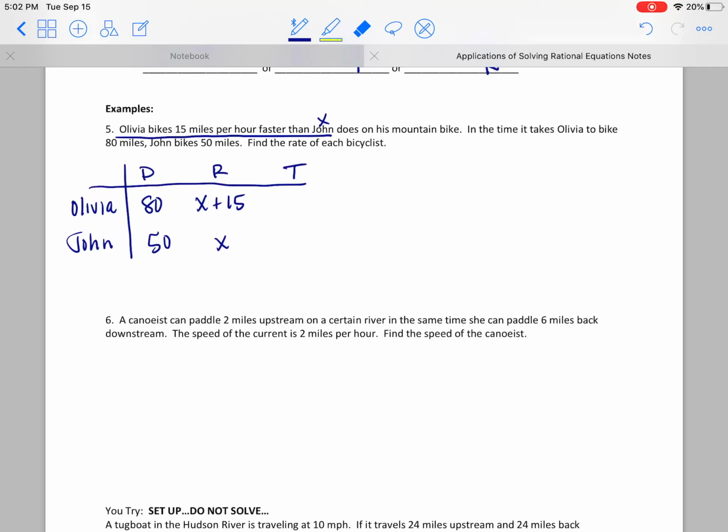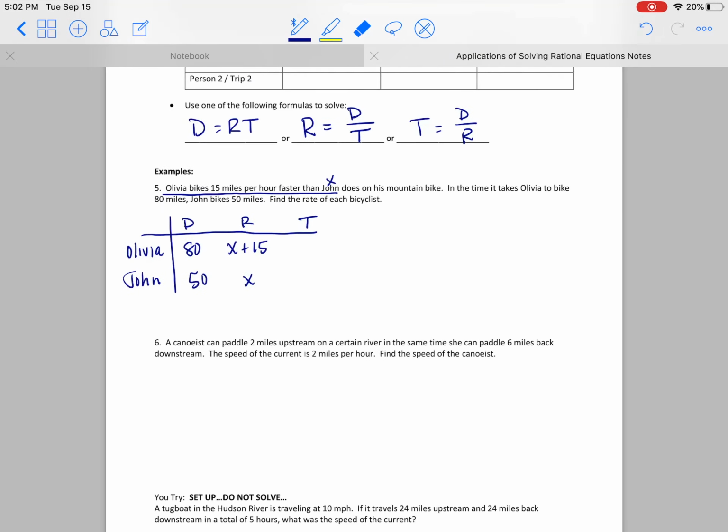Now, all it tells us about time is that she can do the 80 miles in the same time that he can do the 50. But I don't really know how much time it takes Olivia or John for these things to happen. So there's sort of an unknown there, but I don't want to introduce another variable. And this is how I know to use this version of the formula. Because the t column is our unknown, I'm going to use my t equals formula.